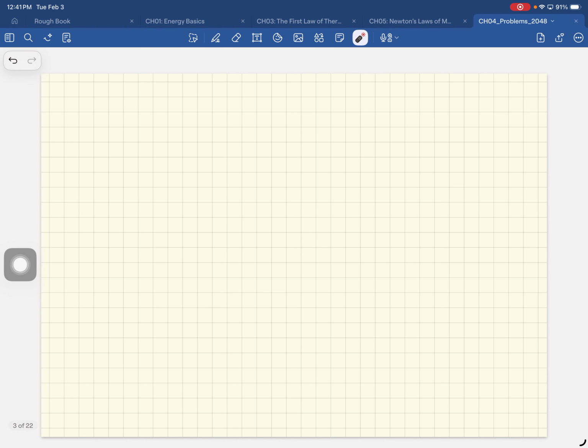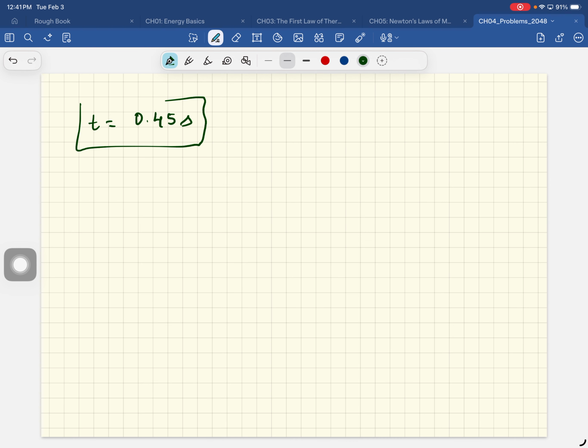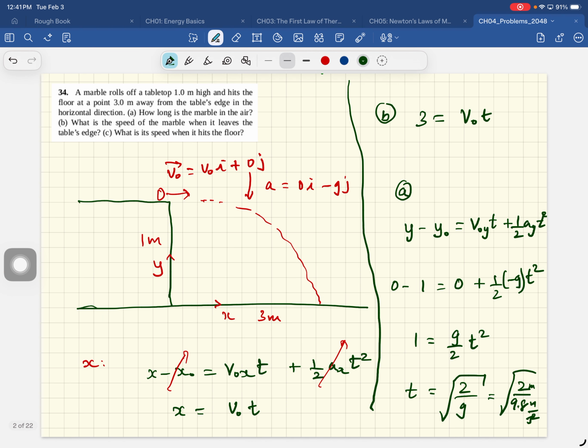All right, so t works out to be 0.45 seconds. So the marble was in flight 0.45 seconds.